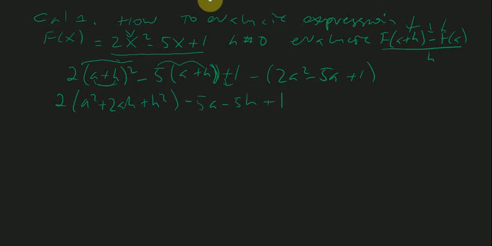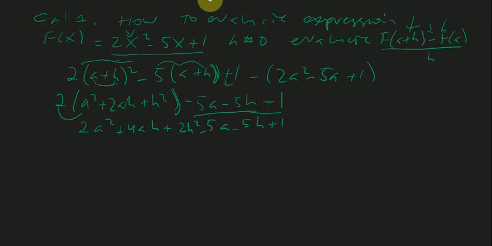So now at the end, this is multiplication with the 2 here, so we will have 2a squared plus 4ah plus 2h squared, minus 5a minus 5h plus 1, because this comes down as it is.